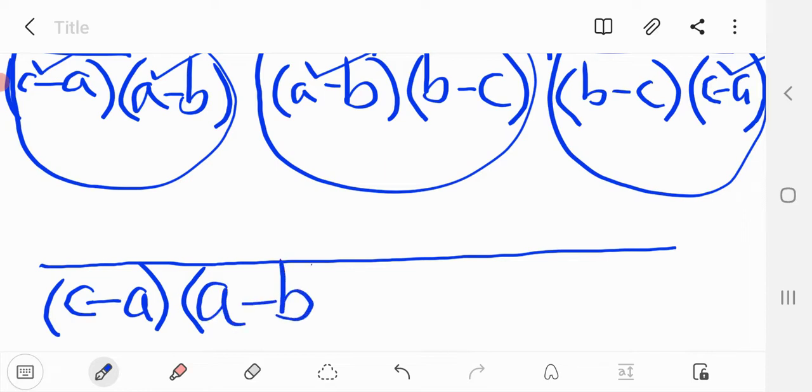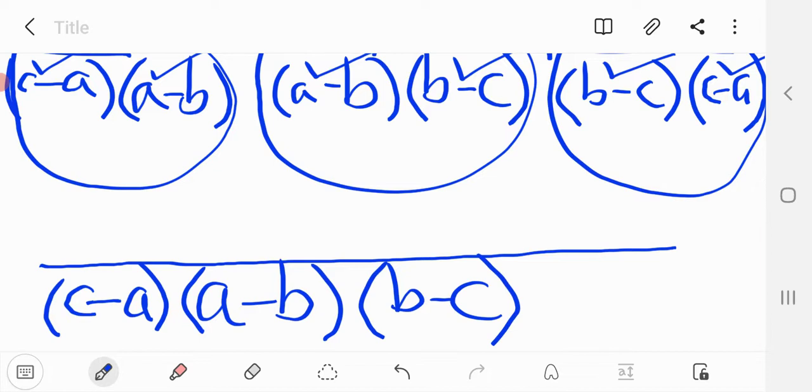And the third one, b minus c, is available in the second polynomial and also in the third polynomial. They both can be written as a common, so it will become b minus c. These all three are common factors and the non-common factor is only one. You can write it if you want, but the common and non-common factors are only these three.